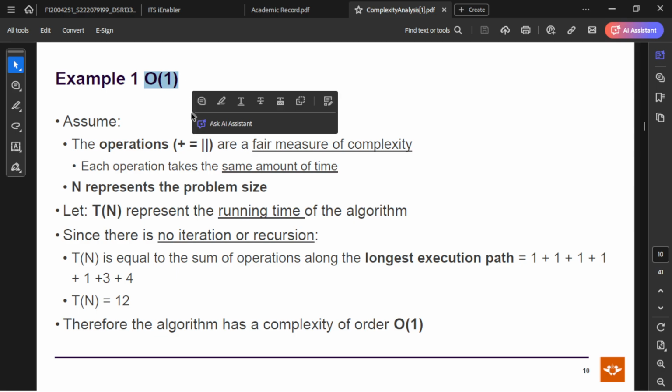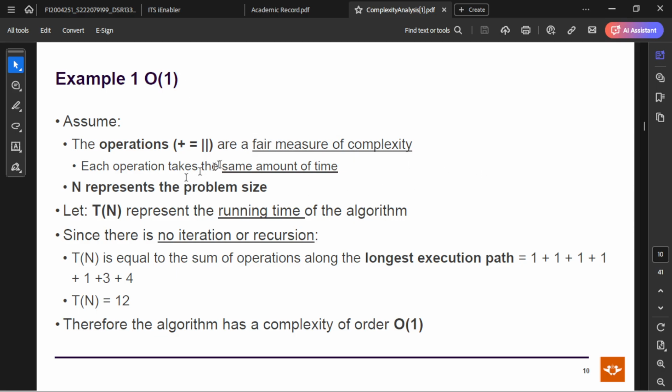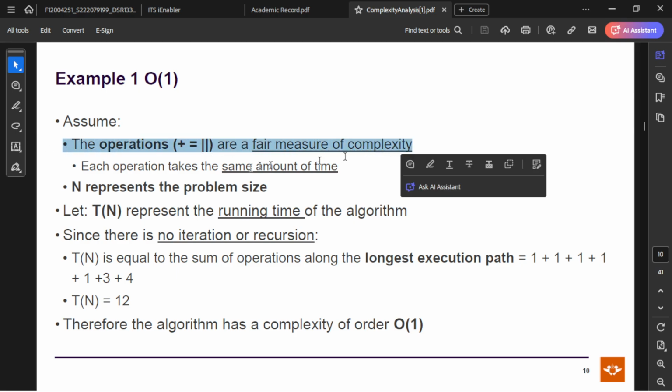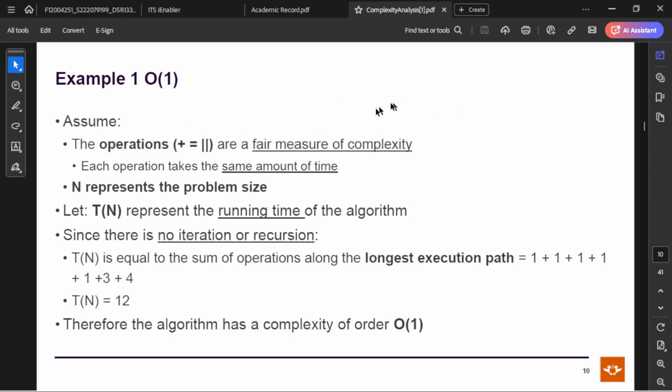Constant time is O of 1, and each operation takes the same amount. Even when you answer such a question, you can just write "assume" and then write the operations or conditions that you're going to use to count, so they know what you have used in your analysis.